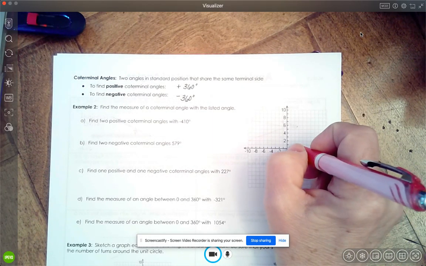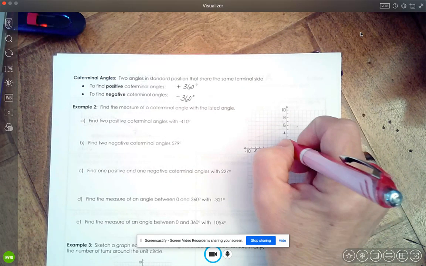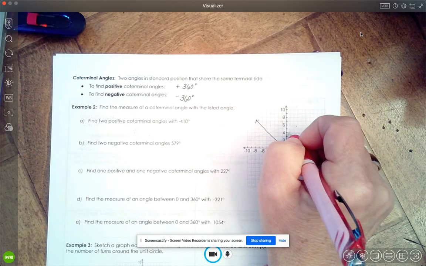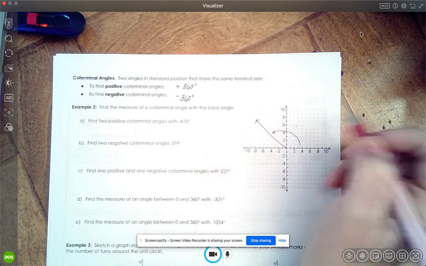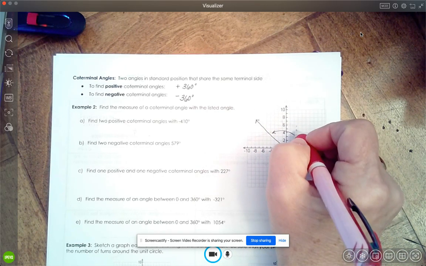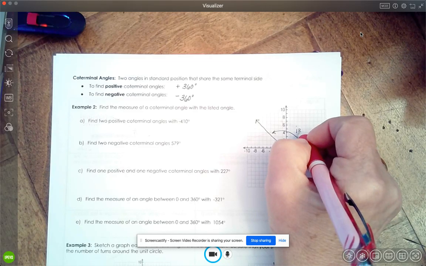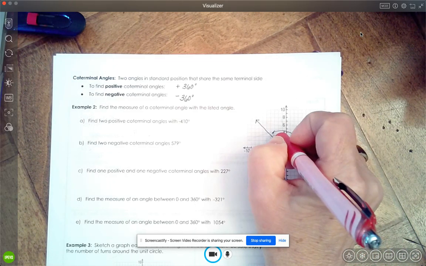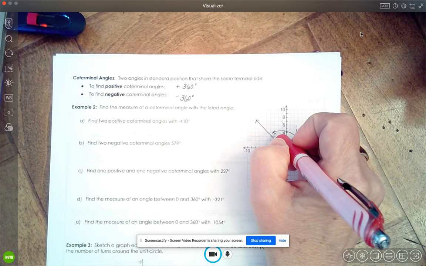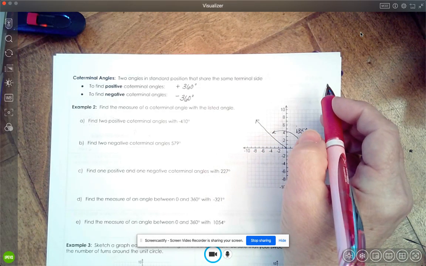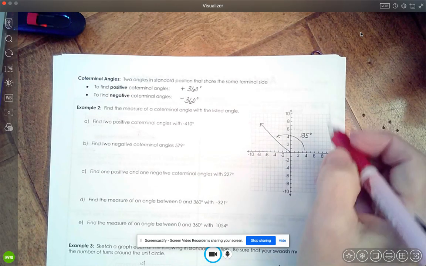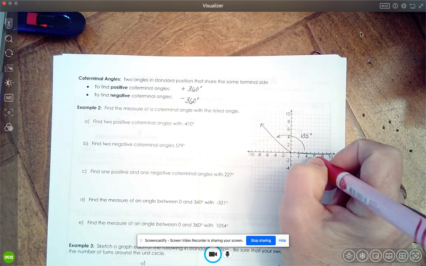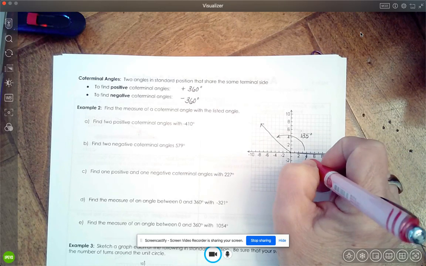I'm going to show you something. Let's say that we have this one right here, and we're going this way, and I've gone 90 and 45 more degrees. So this is 135 degrees in the positive direction. Another coterminal angle with that would be if I started here at my standard position and went negative.